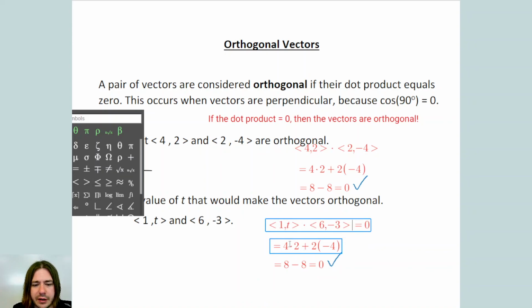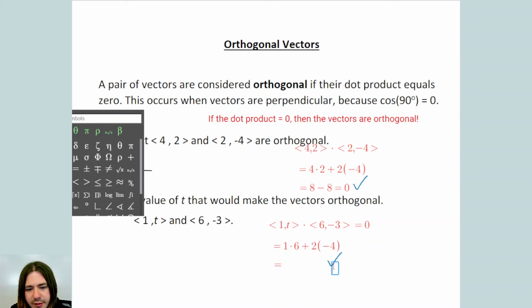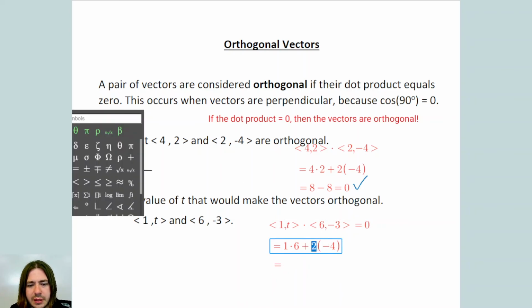So the dot product will be 1 times 6 plus t times -3. And that should equal 0.